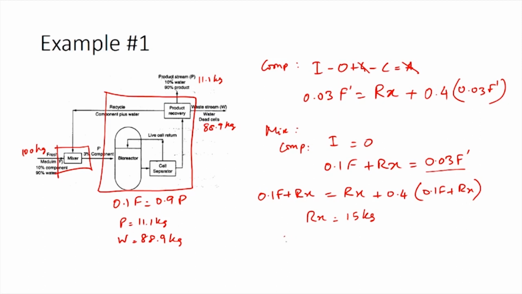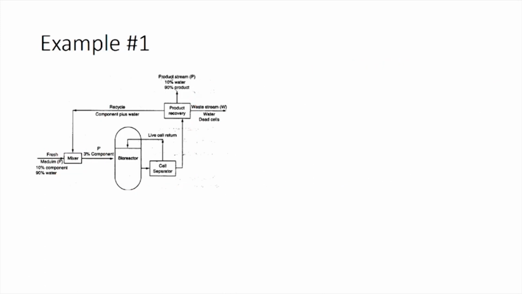So, this equation becomes 0.1 times 100 plus Rx, which is 15, equals 0.03 times F prime, giving us the value of F prime as 833 kilograms. Now that we have the information about fresh feed from the basis as 100 kilograms and the gross feed from the calculations as 833 kilograms, we can write the total mass balance for the mixing point to find the information about the recycle stream.